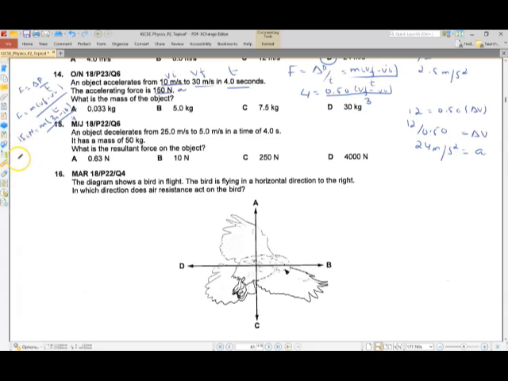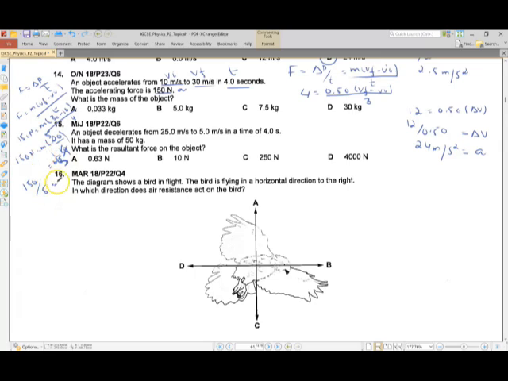Or we might do another thing as well. Mass 20 over 4 is going to give you 5. Oh, sorry, this is 4, not 10. 4 ones are 4 and 4 fives are 20. So this is going to give you 5.